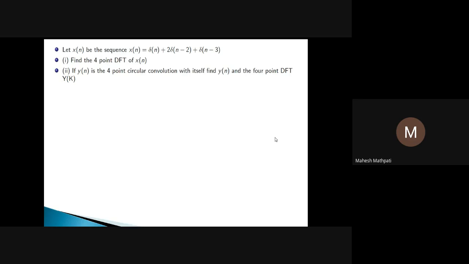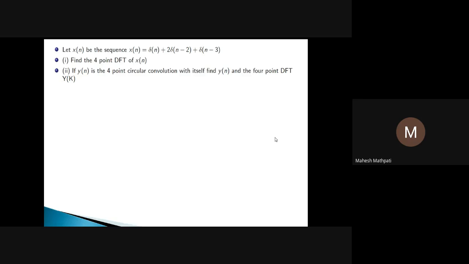It is given that x of n equals delta of n plus 2 delta of n minus 2 plus delta of n minus 3. If you substitute n equals 0, we get delta of 0 plus 2 delta of minus 2 plus delta of minus 3.